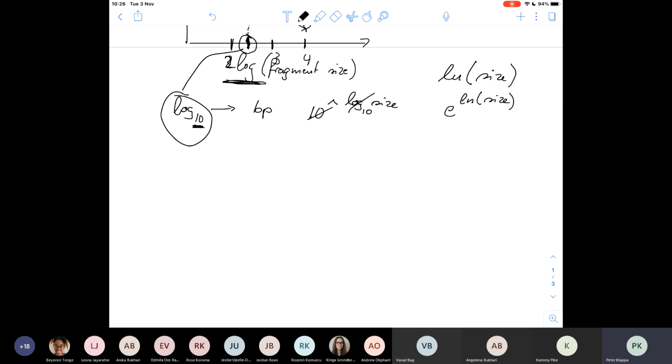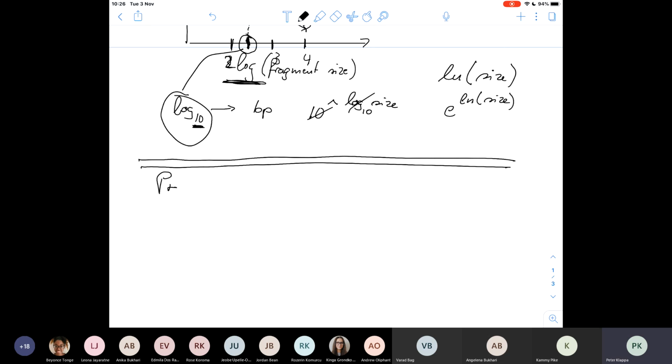Now let's look at protein electrophoresis, because people told me that they struggle with that. With protein electrophoresis, it works exactly in the same way. We have a matrix in which we run our proteins.